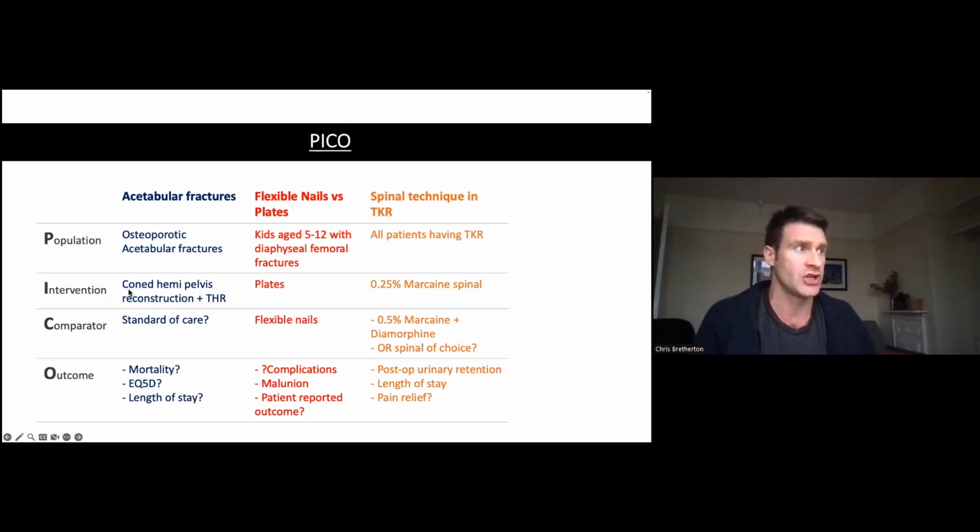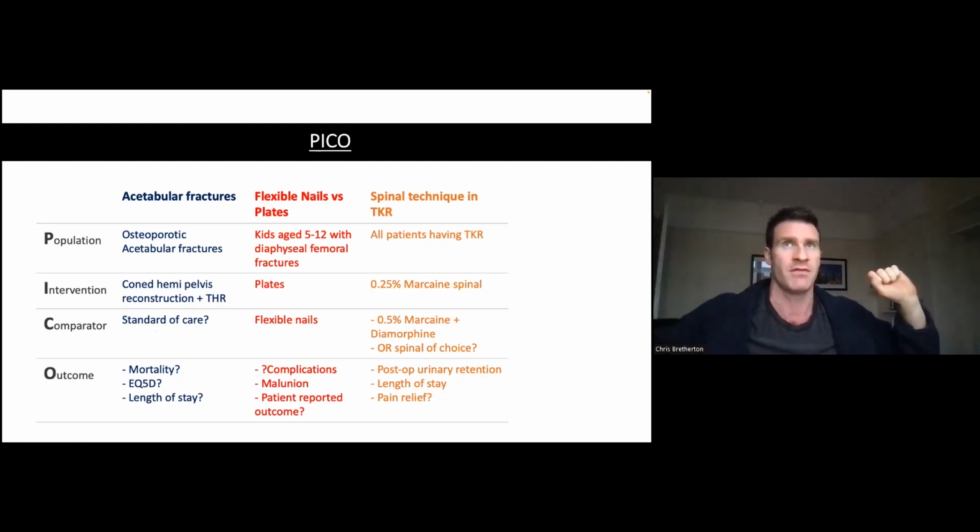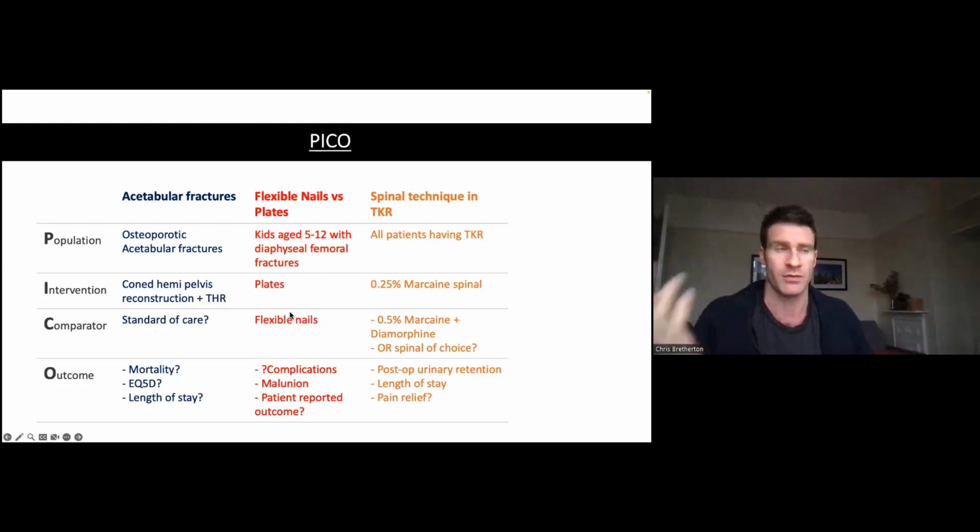And then the intervention, it might be a new treatment, and then the comparator, it might either be just standard care. You might just say, right, we're going to randomize people either just to have the new treatment, and anyone that doesn't have the new treatment is just going to have whatever else it is, which could be several things. So it might not be a direct comparison of one type of surgery from another. And then the outcome, there's all different outcomes you can use.